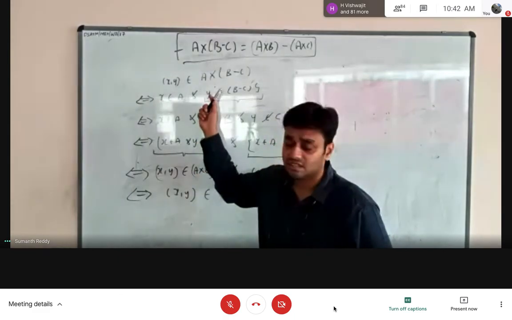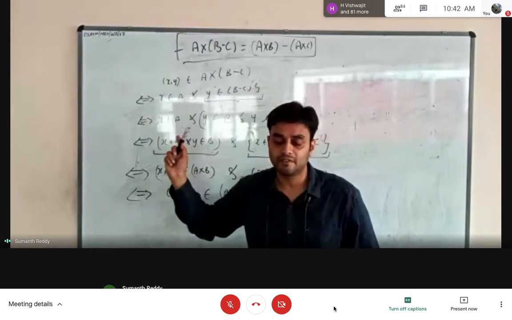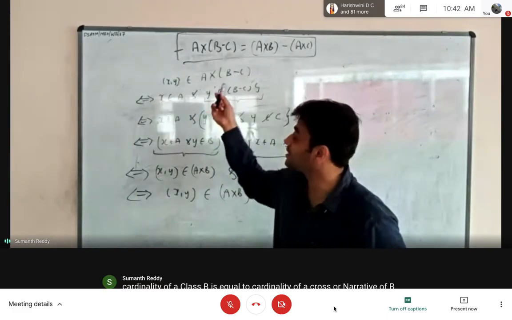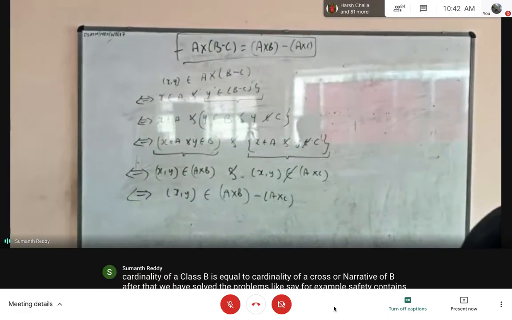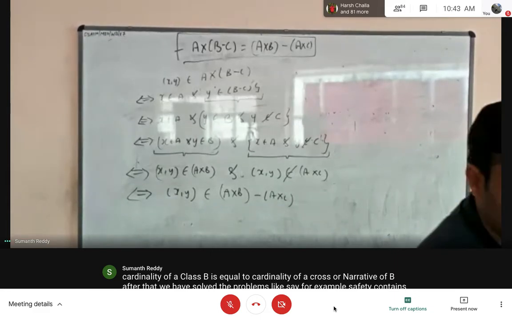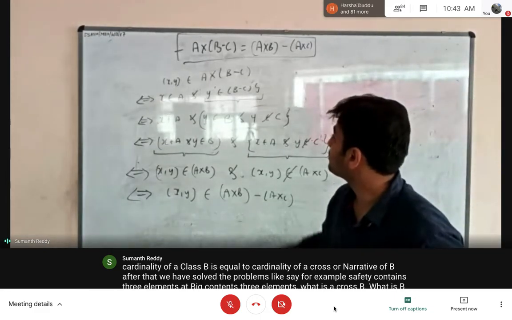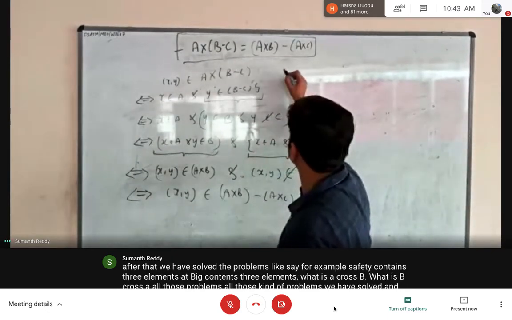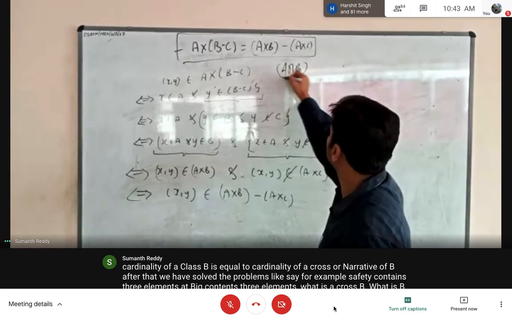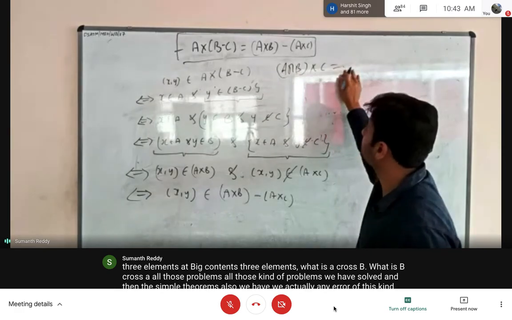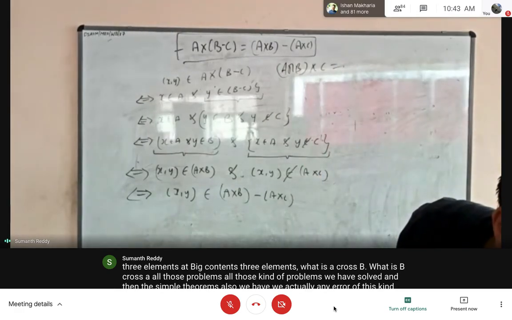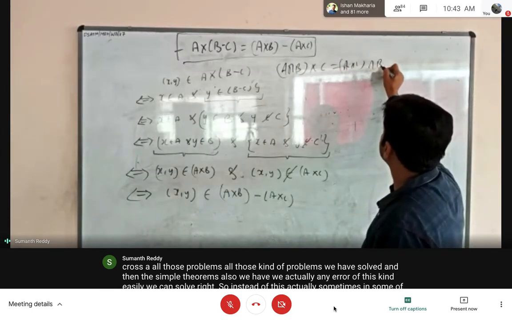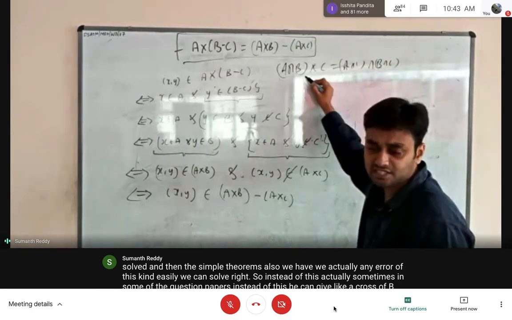And then the simple theorems also, any theorem of this kind we can easily solve, right? Sometimes in some of the question papers, instead of this, he can give A cross B minus C. Instead of that, he will give A intersection B cross C, which is actually equal to A cross C intersection B cross C. Actually, this is also the same problem.